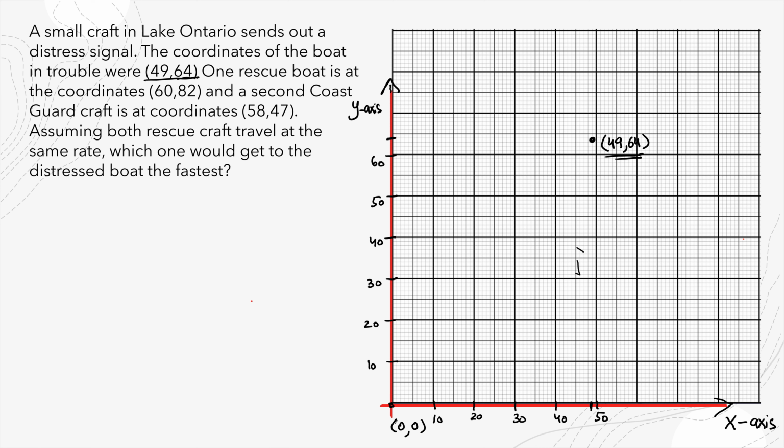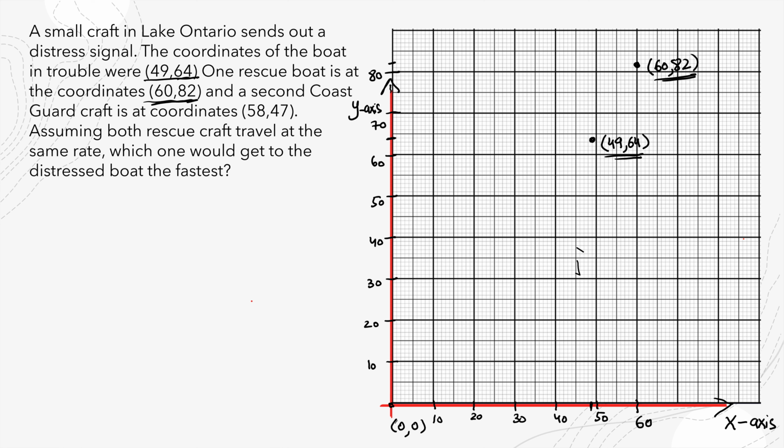Now the two rescue boats: one of the coordinates is 60, 82. So let's figure that out as well. I have my 60 here, and then 82, that is 70, 80, and 82. So we are at 60 and 82.